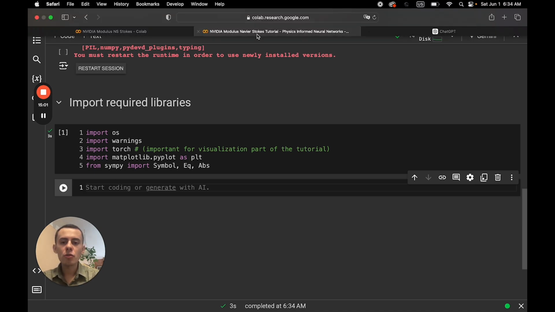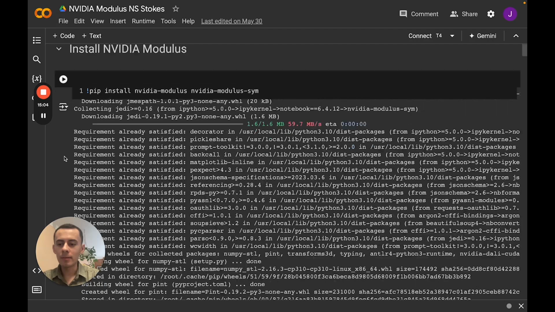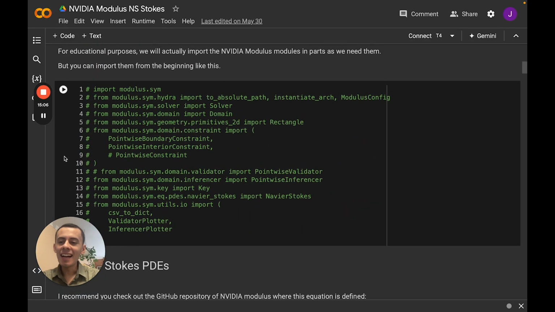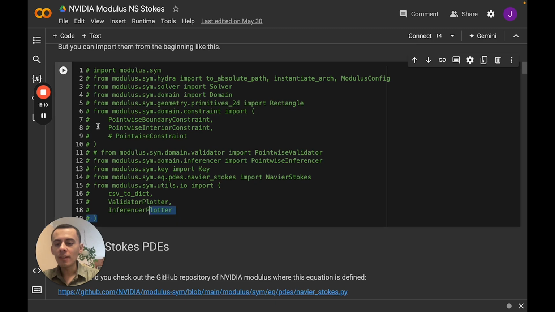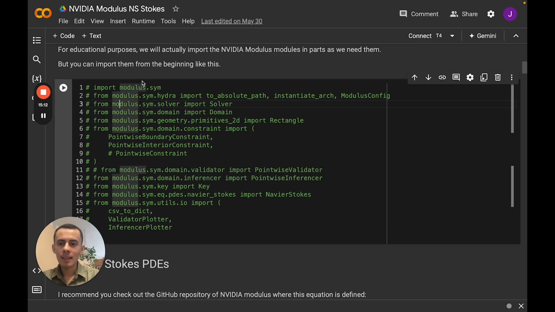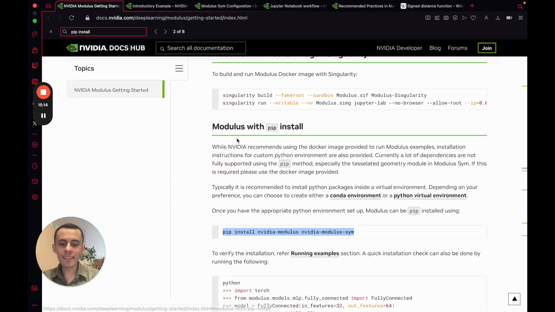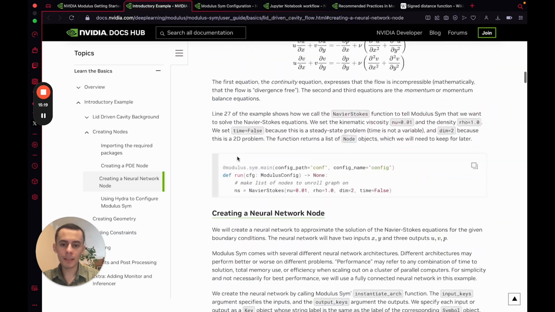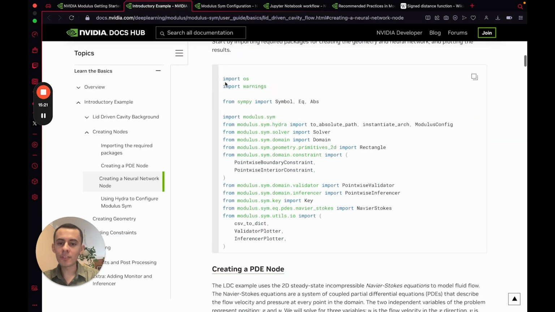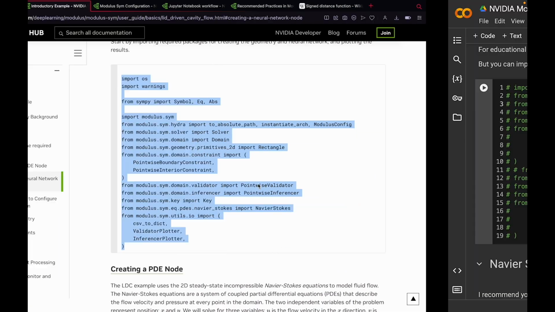Now I'm going to show you here, we're cheating again for a brief moment. For educational purposes, I'm not going to import the whole thing. In the guide that you should check out as well, here in the documentation, they import everything from the get-go.